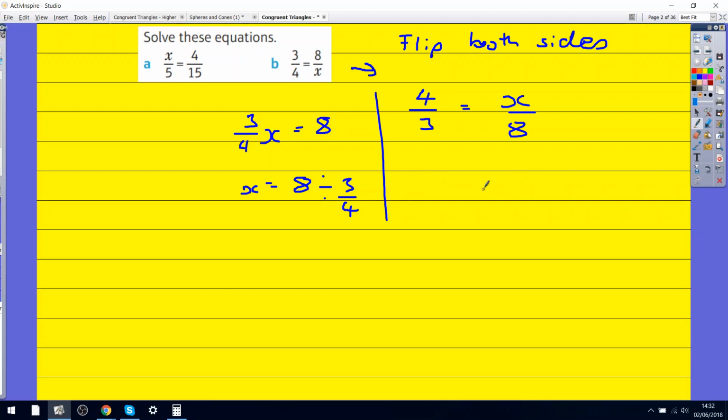And so how would you get x? Yep. How do you do that? Or what is it?